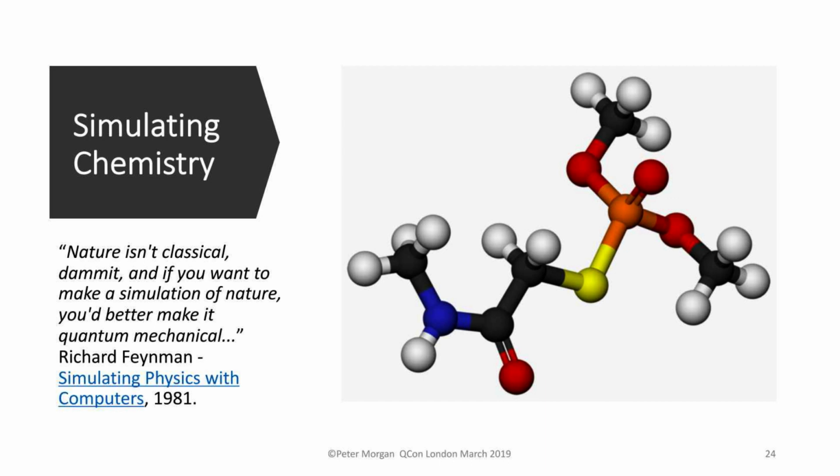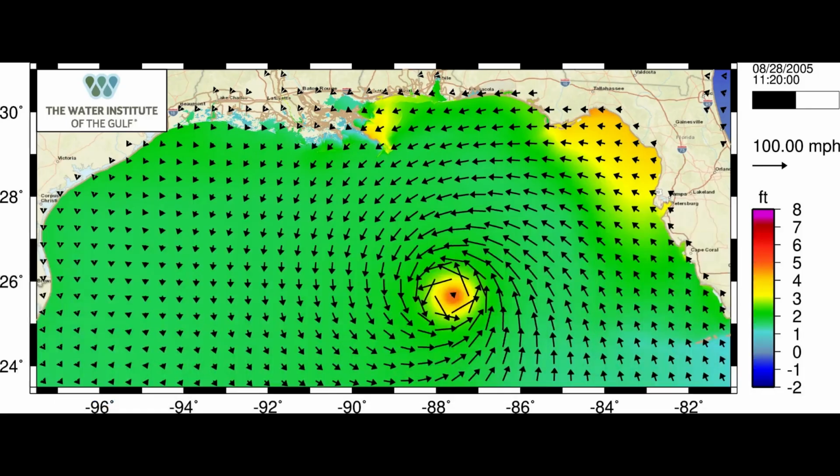Something I read about was quantum meteorology, where they would use quantum computers to have very detailed simulations of weather and weather systems. And this could give much more accurate weather predictions, I guess.